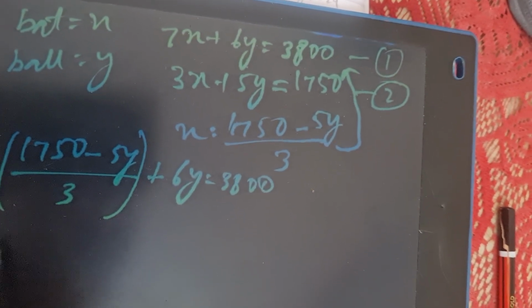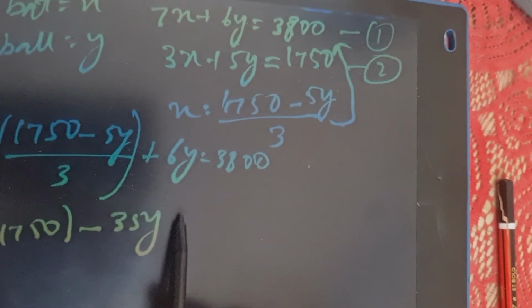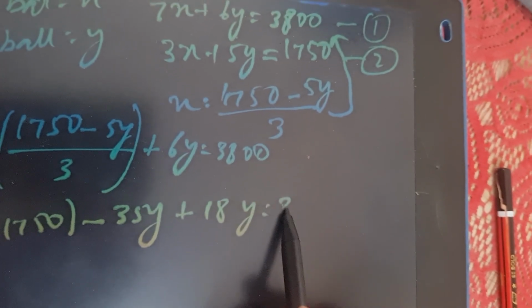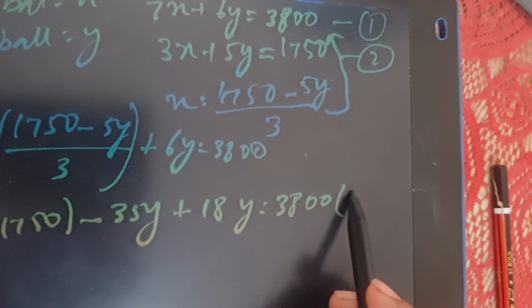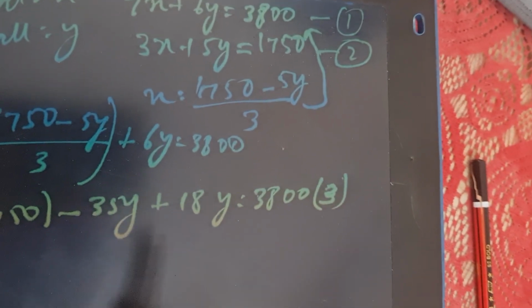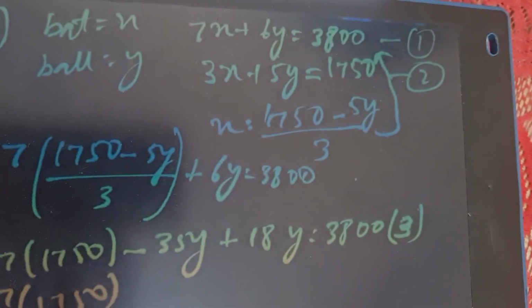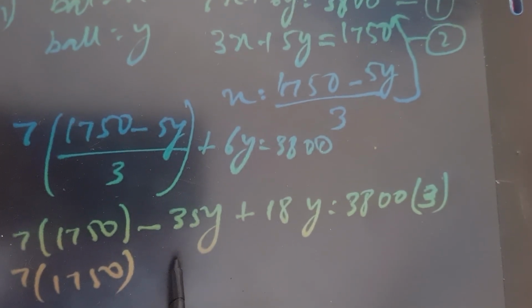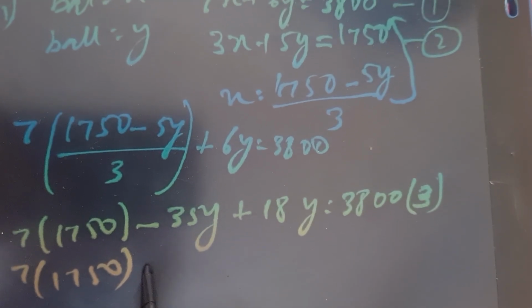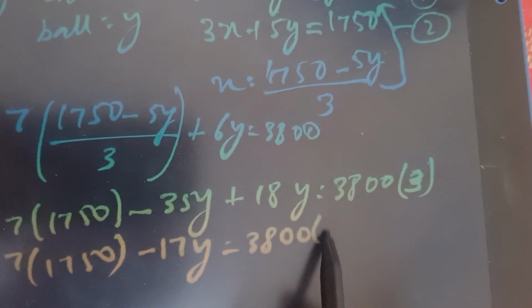So 1750 minus 35y plus 18y, multiply by 3, then so this is minus 17y, 3803.